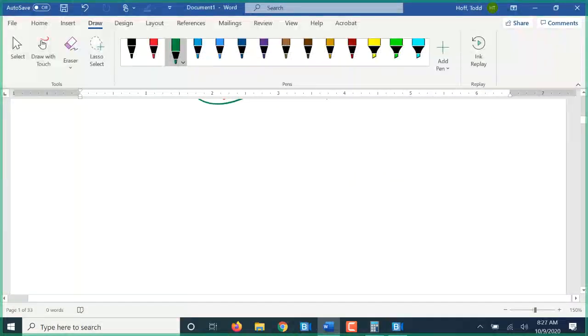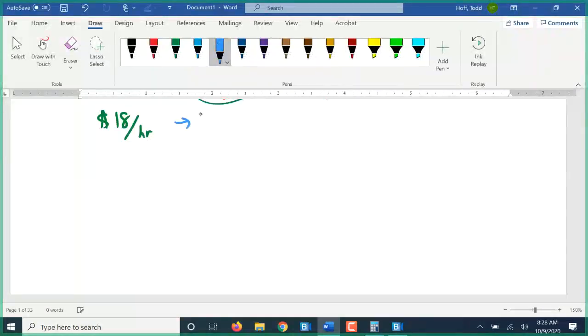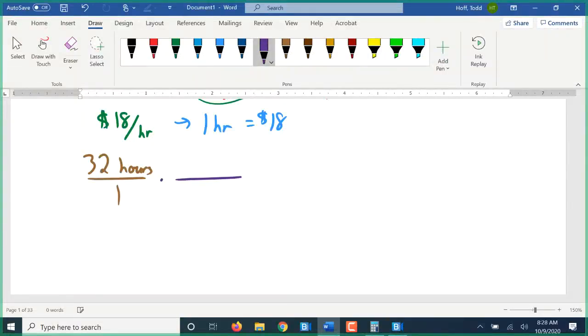Just like if you get paid $18 per hour, that is saying that 1 hour is equivalent to $18. Or $18 is equivalent to 1 hour, either way you want to put it. So if you want to know how much you're going to get paid for 32 hours, you can use that as a conversion factor.